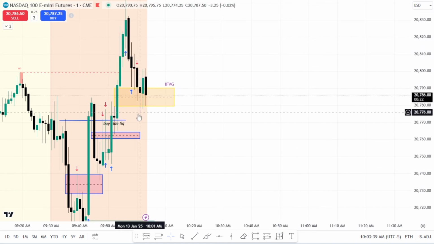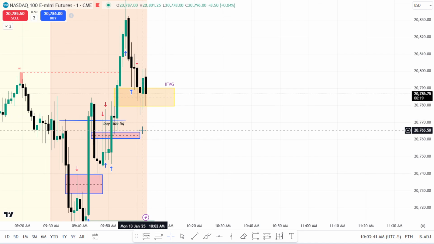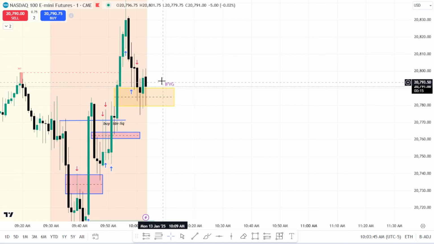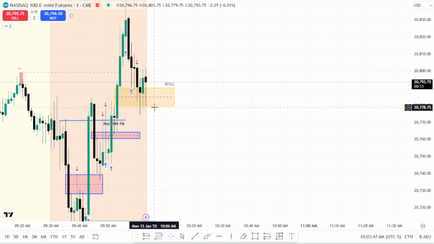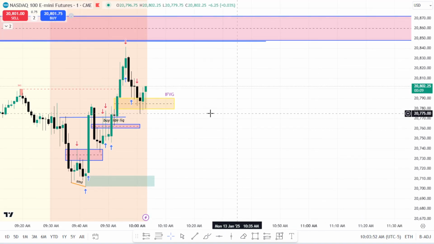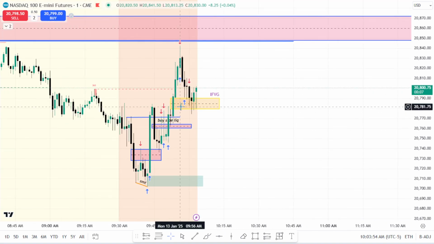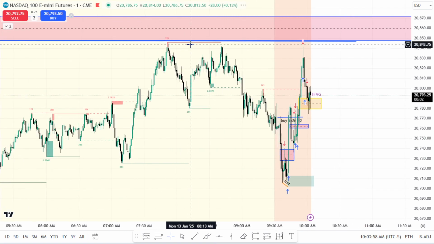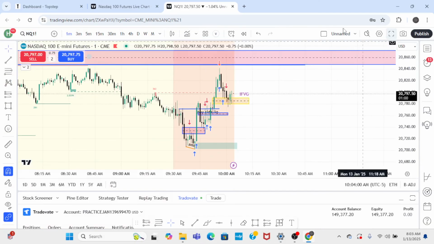We inverse this, maybe look for something about here. But at the same time, as you can see, we are just trading into this gap, and we were really just wicking out. We have this higher time frame fair value gap.